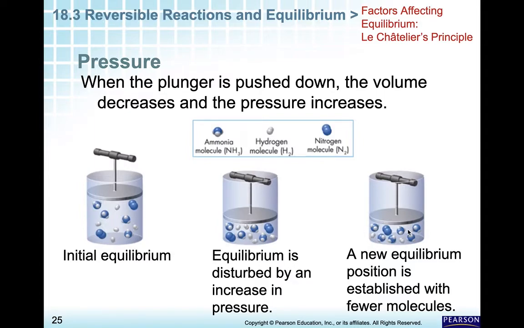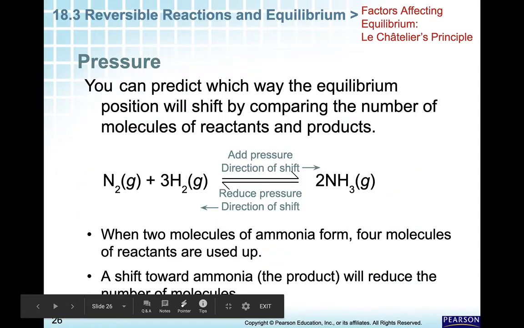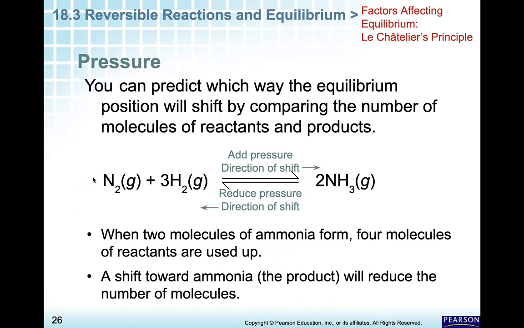Because remember, pressure, according to the ideal gas law, depends on your total moles of gas. So let's look at this reaction. We've got nitrogen and hydrogen gas in the reactant side. So over here we've got a total of 4 moles of gas.